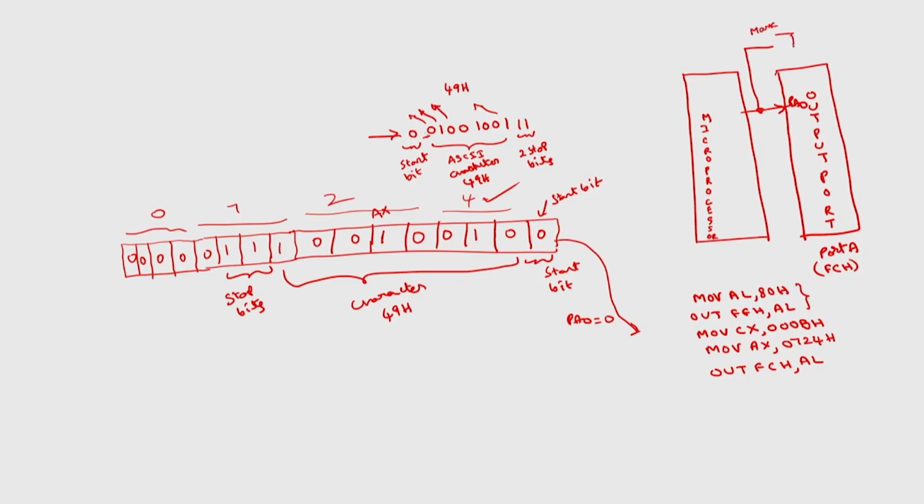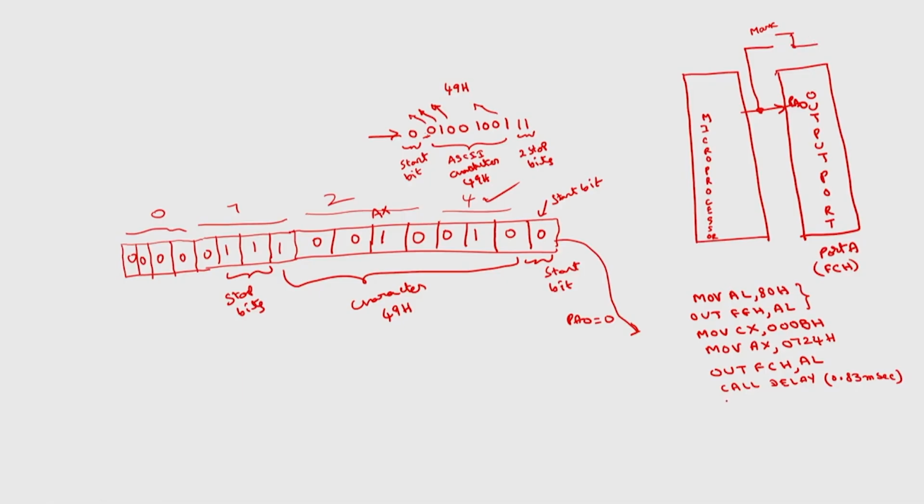I have started here. So, this 0, this is the point. Then what you have to do is, we call a delay equivalent to 0.83 milliseconds in case of 1200 baud rate. So, this 0 will be there for 0.83 milliseconds.